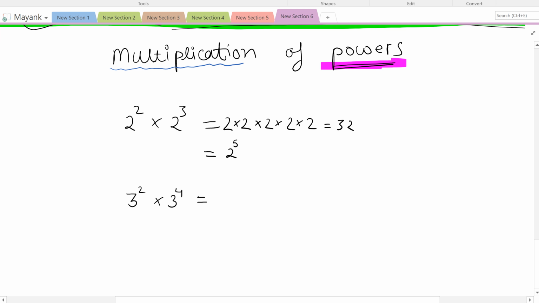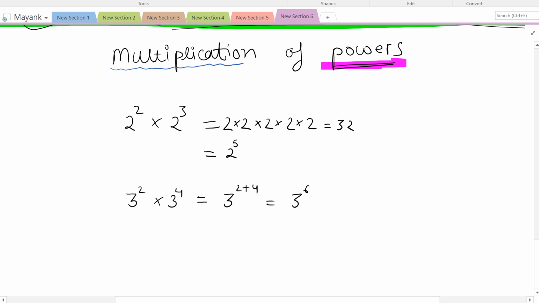Good. So we don't have to repeat this whole thing or expand it. Simply we learned that we can add up the powers. So your answer is going to be 3 raised to 6. That was multiplication. In the same manner, whenever you have the same base, you add their powers.